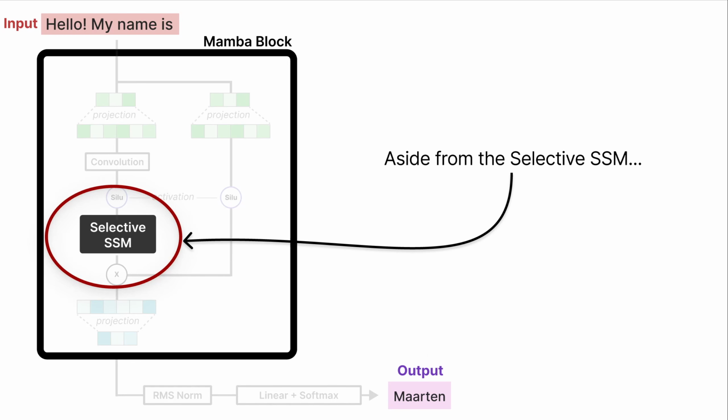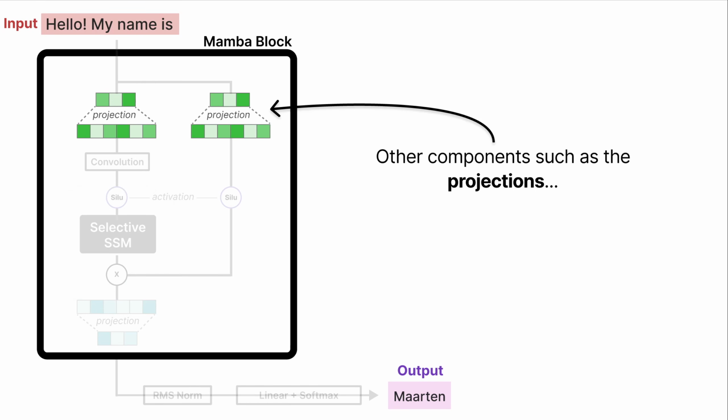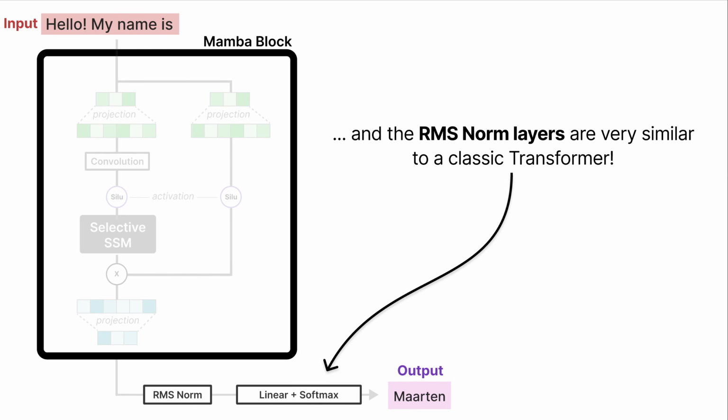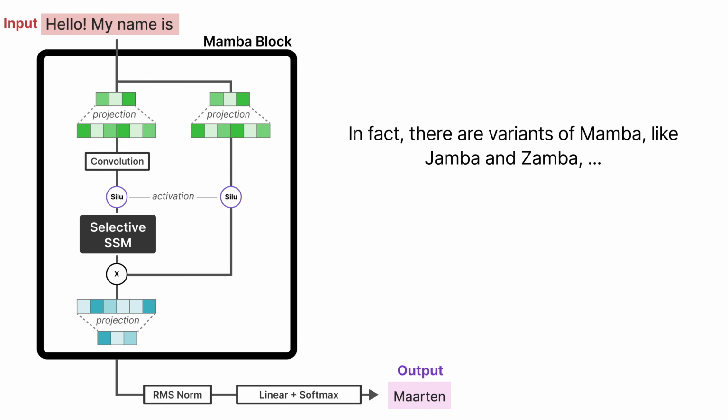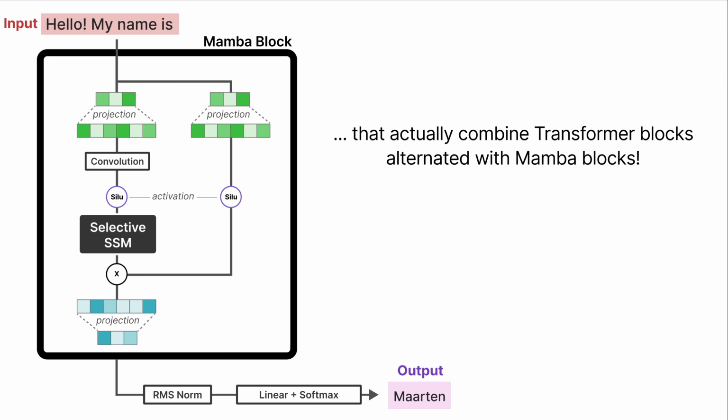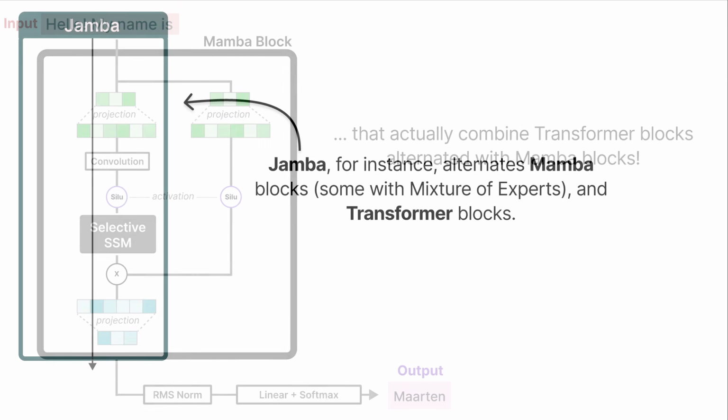Aside from the selective SSM, other components such as the projections and the RMS norm layers are very similar to a classic transformer. In fact, there are variants of Mamba like Jamba and Zamba that actually combine transformer blocks alternated with Mamba blocks.